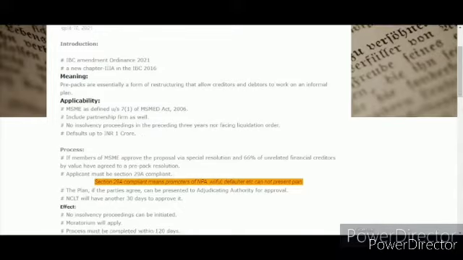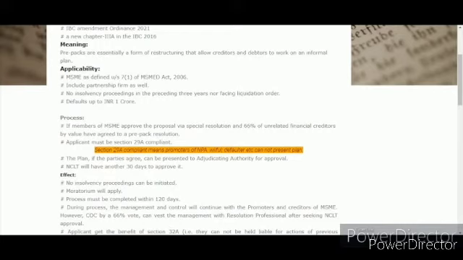So what would be the process? As it is initiated by the company itself, the members, meaning the shareholders of the MSME, or the partners in the case of a partnership firm, can propose this by passing a special resolution. If it is a company, then the company's members have to pass a special resolution, and there has to be the prior approval or assent of 66% of financial creditors.